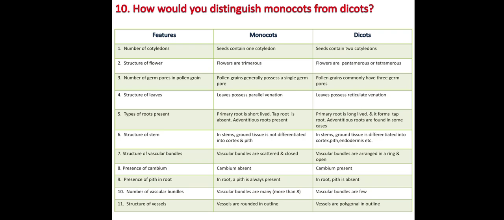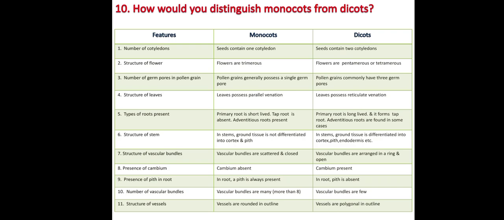Ninth feature. Presence of pith in root. In root, a pith is always present for monocots, and for dicots, in root, pith is absent. Tenth feature. Number of vascular bundles. Vascular bundles are many, more than 8 for monocots, and for dicots, vascular bundles are few. 11th feature.